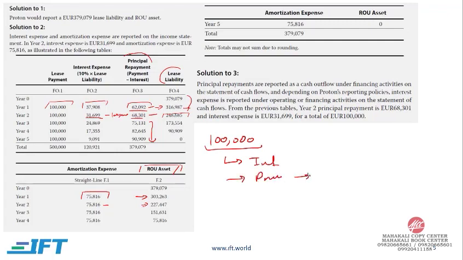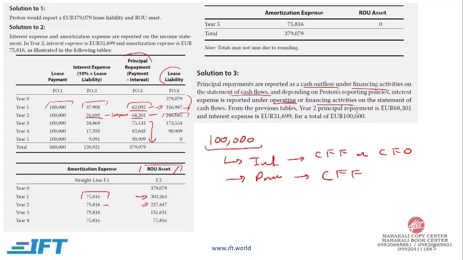So principal repayment is reported as cash outflow under financing activity on the statement of cash flows, and depending on Proton's reporting policies, interest expense is reported under either operating or financing activity.